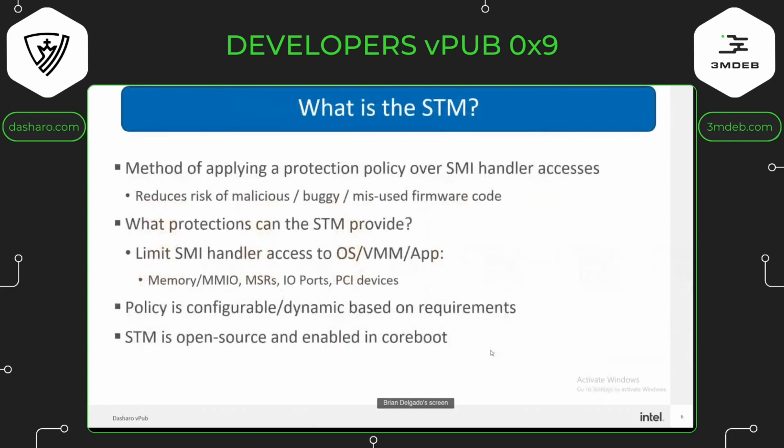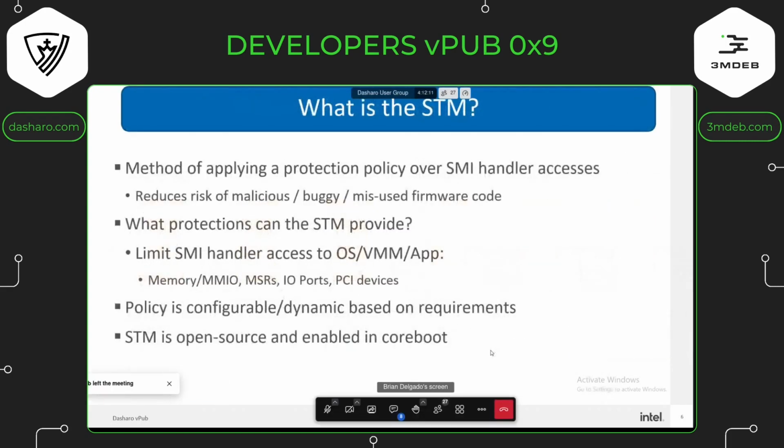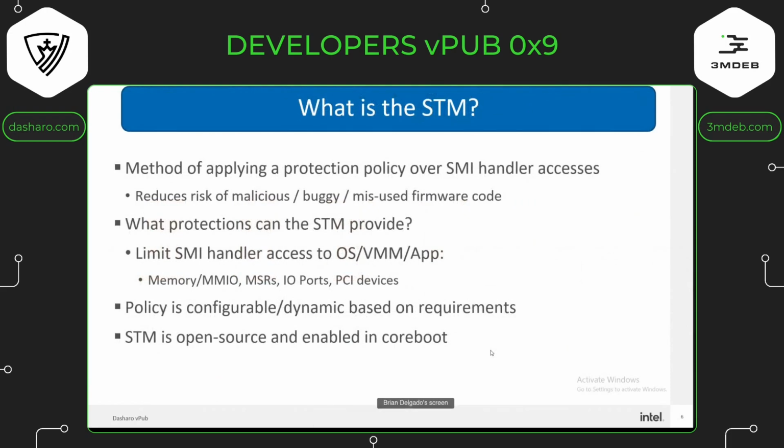And so as we look at the STM, like one of these architectural mechanisms, essentially this is a way of providing a protection policy over SMI handler accesses. This gives us the ability to reduce the risk of improper SMI handler accesses. And what does this do? The STM provides a policy that it enforces over that SMI handler code.